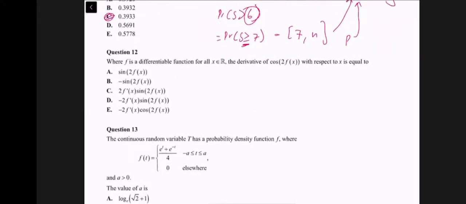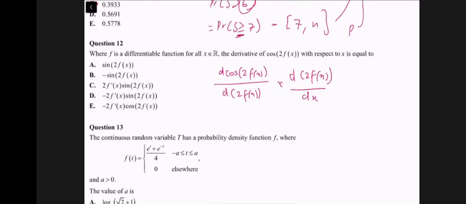So now this question is just testing your chain rule. So if we do d cos of 2f(x), and then the inside part, so 2f(x) times the derivative, so still 2f(x) on dx, because we've reached the easiest way we can get.